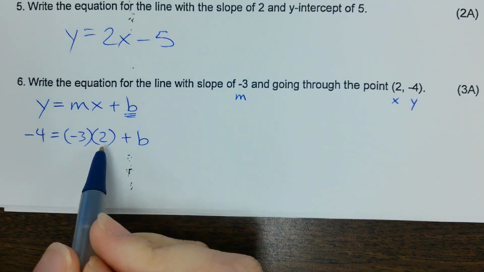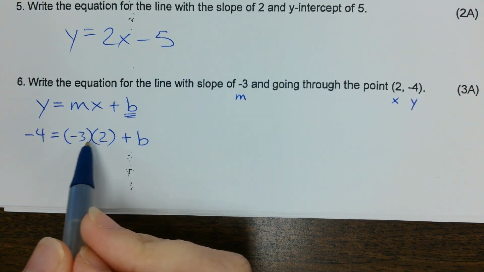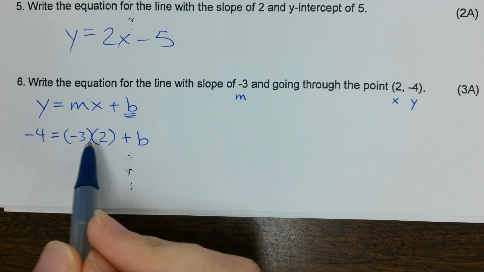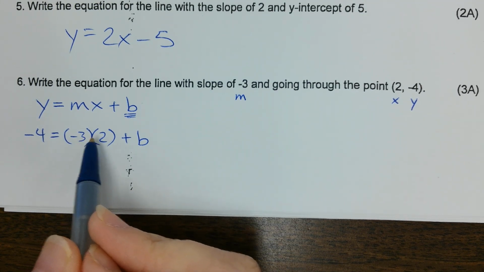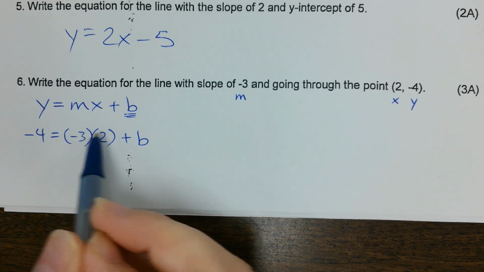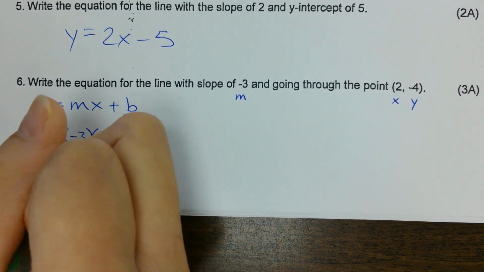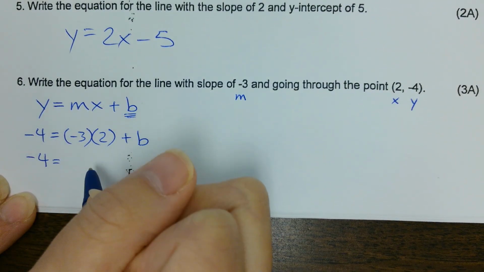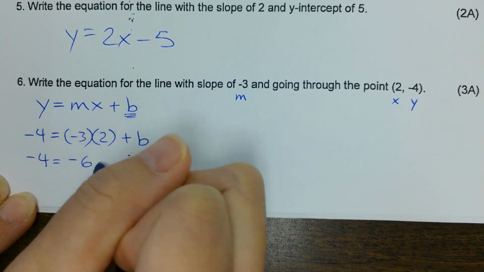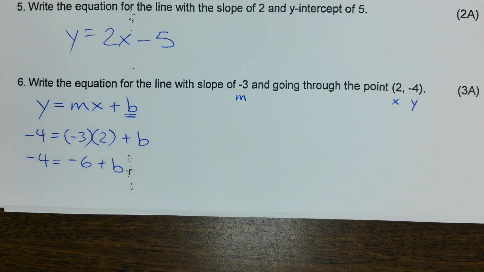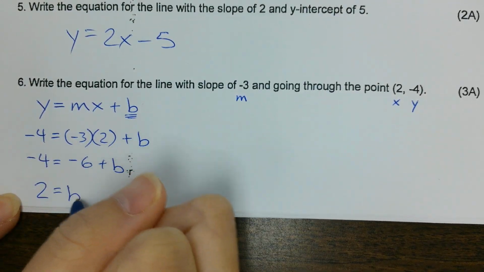I love that you said the brackets, because without the brackets, you'll think it's negative 3 plus 2 or negative 32. You need the bracket so that you know you're multiplying. So negative 4 equals negative 3 times 2, which is negative 6. When you move that negative 6 over, it becomes negative 4 plus 6, which is 2.